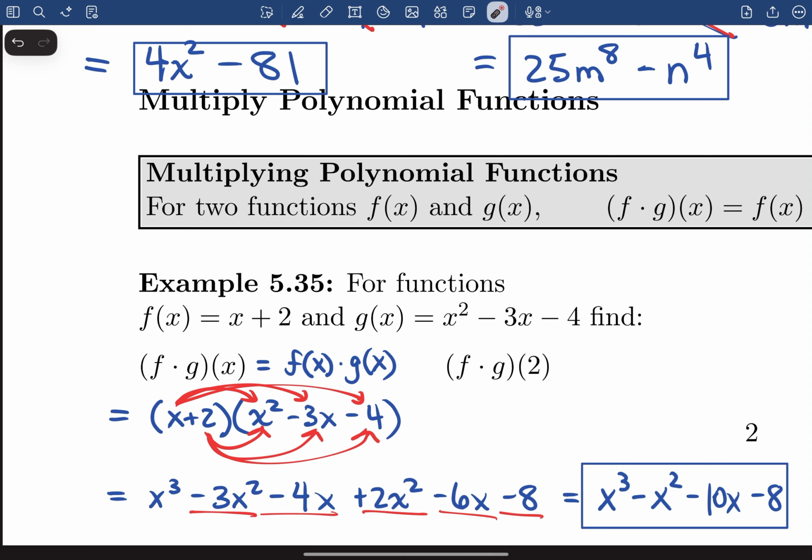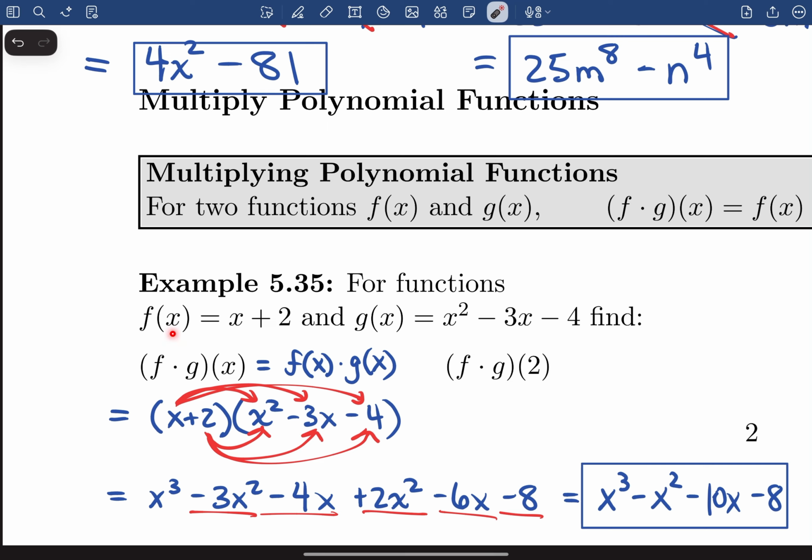Now, for this next part, it asked me to find f times g of 2. So it wants me to input 2 into the functions. Now, you could do this in a more complicated way by taking this 2 input and inputting it into the f of x function, and then inputting it into the g of x function, and then multiplying your outputs together, right?